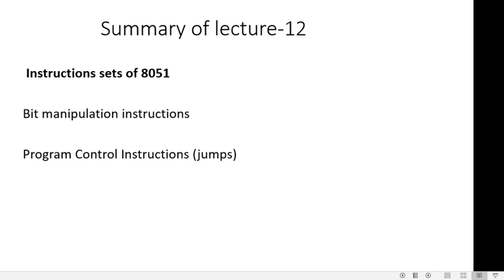So, it can work on the ports and on different registers. Program control instructions control the program by using different instructions, which include long jump, absolute jump, and short jump.